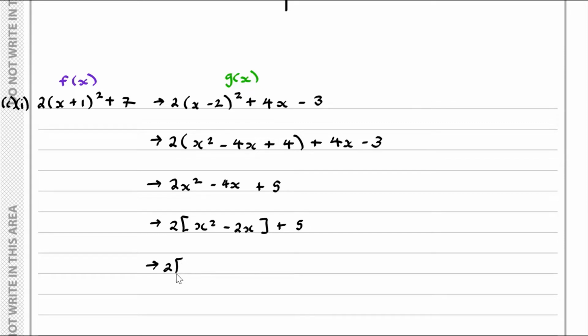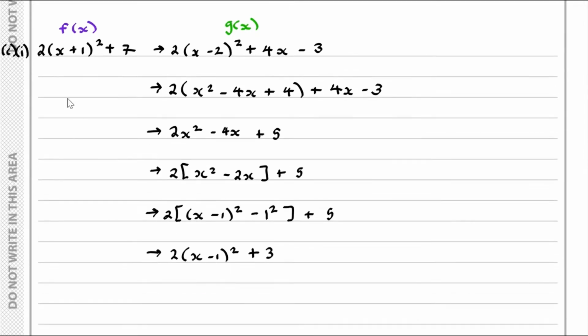So we have 2 lots of (x - 1) all squared minus 1 squared, close big bracket, plus the 5. And if we multiply the 2 into the bracket and simplify, you'd find we have 2 lots of (x - 1) all squared. Now 2 times minus 1, sorry, that's minus 2, plus the 5, that's 3.